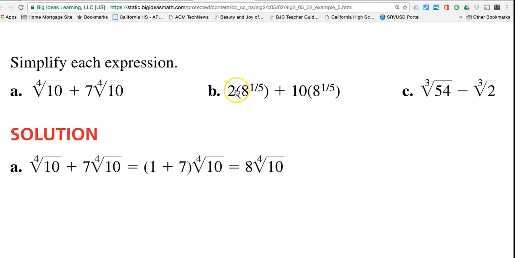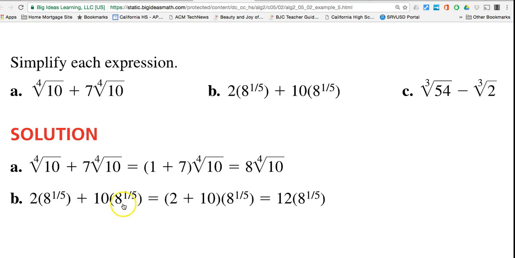We've got 2 8 to the 1/5 powers plus 10 8 to the 1/5 powers. When we combine those, we just get 12 of them. 2 plus 10 is 12, and our like term is 8 to the 1/5 power. You don't change your like term, okay? You're just counting the number of those.